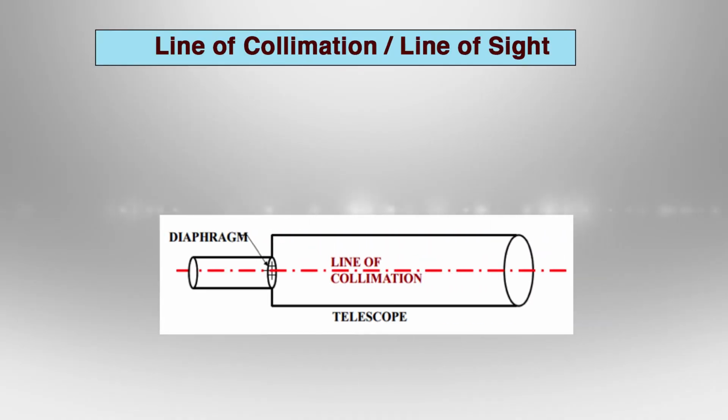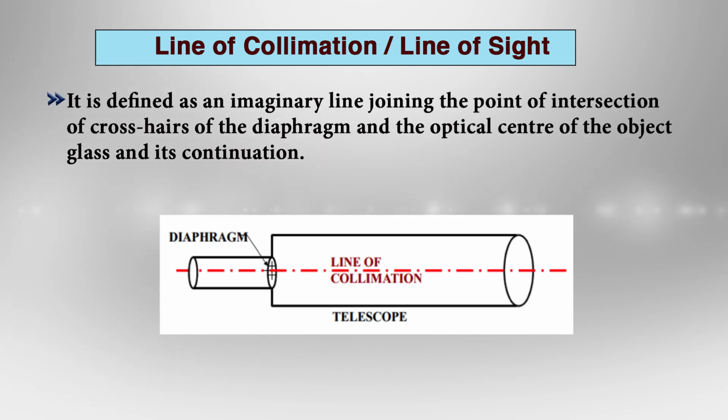But before moving ahead, we will revisit some technical terms which we will use in this and also in the coming lectures. The first term is the line of sight or the line of collimation. It is defined as an imaginary line joining the points of intersection of crosshair of the diaphragm and the optical center of the object glass and its continuation.